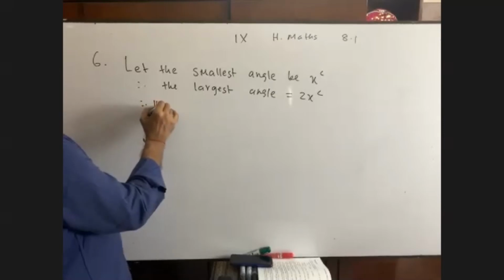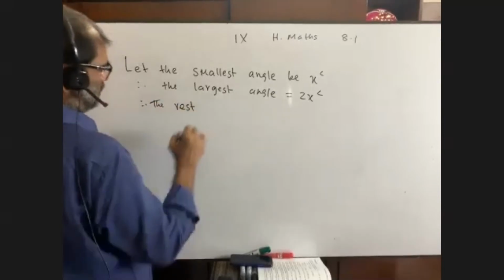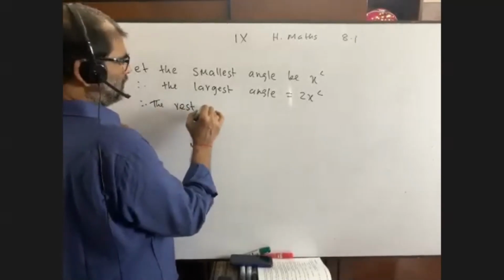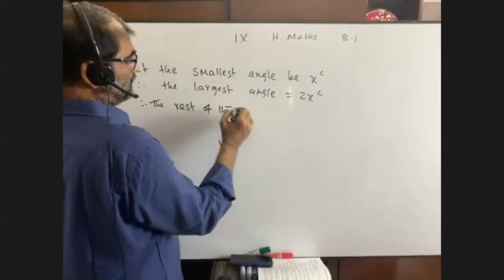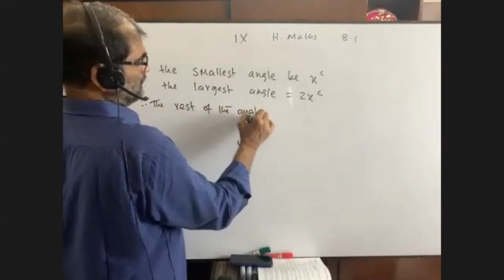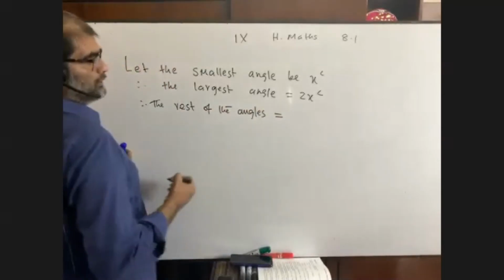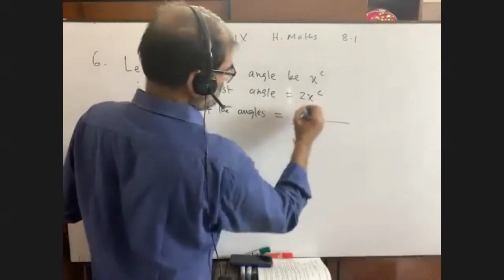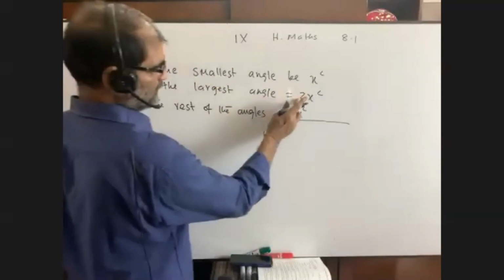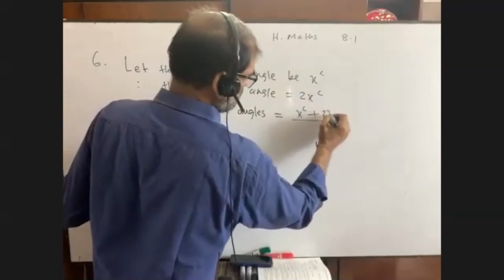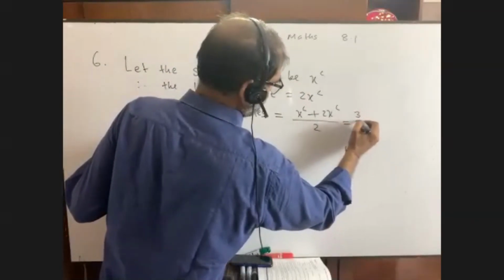Therefore, the rest of the angle. This is the first one. This is the last one. That means 3 by 2.